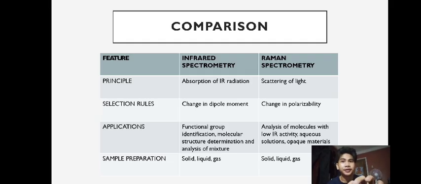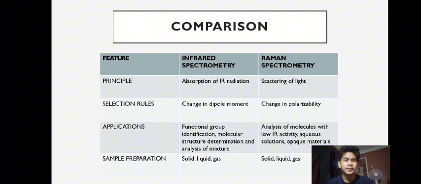So, these are the key comparisons of infrared and Raman spectrometry. In their principle, infrared spectrometry's principle is absorption of infrared radiation, while Raman spectrometry is the scattering of light. In their selection rules, the infrared focuses on the change in dipole moment, while Raman is the change in polarizability.